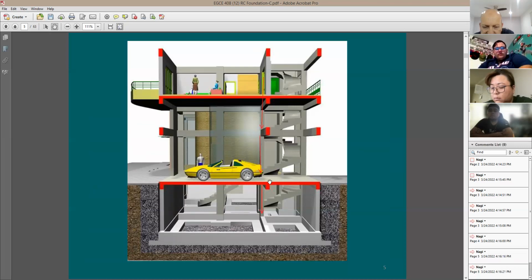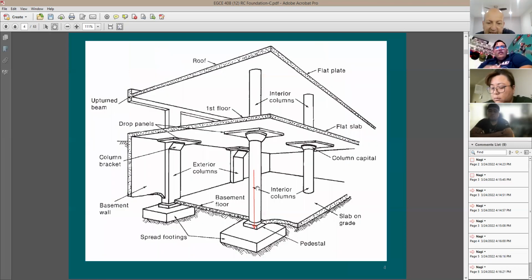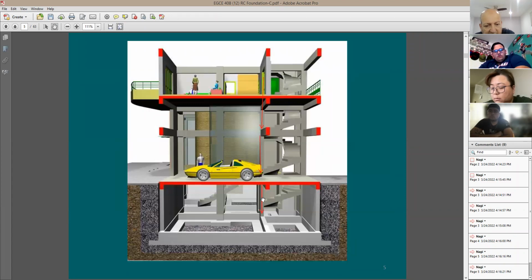So this needs to be taken into consideration. You don't ignore this. You don't say, I didn't take any basement, because actually you don't have a basement here. So the ground floor here does not dump any load on this column. But here the ground floor is dumping load on the column because it is a structural elevated slab that's supported by this column. Eventually it goes to the footing.